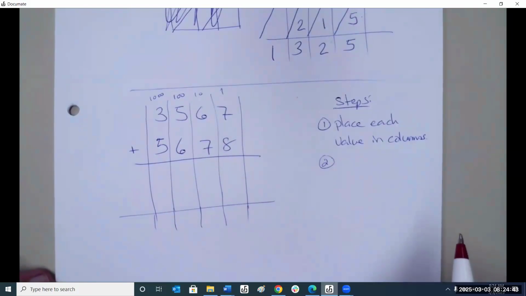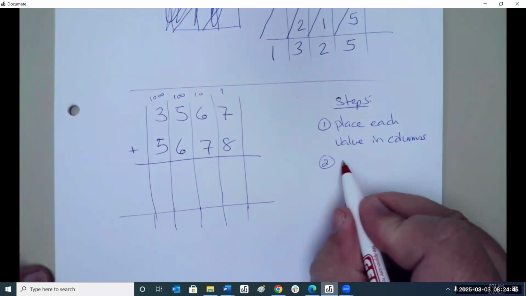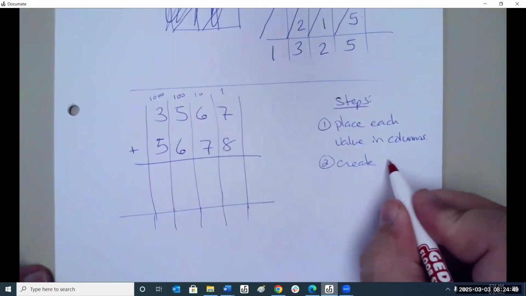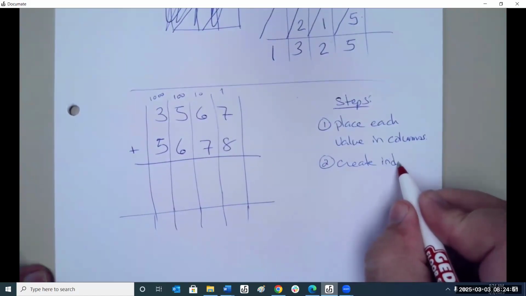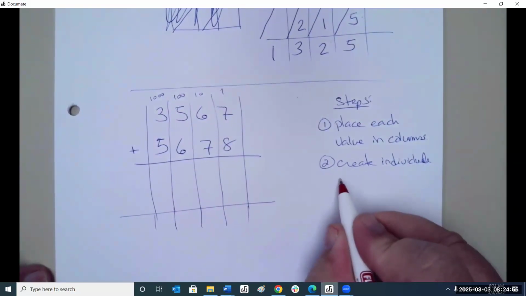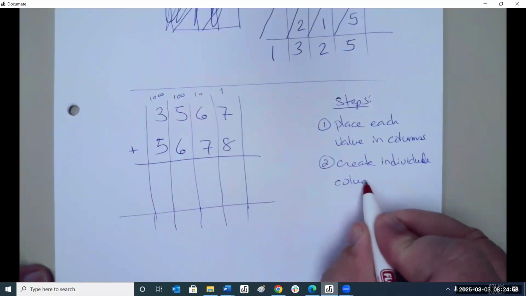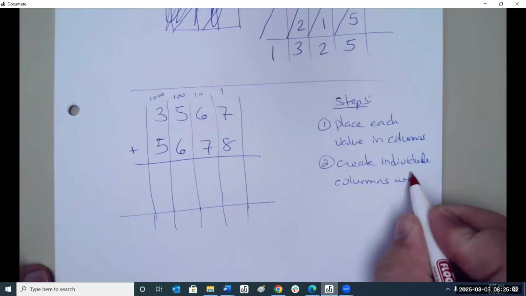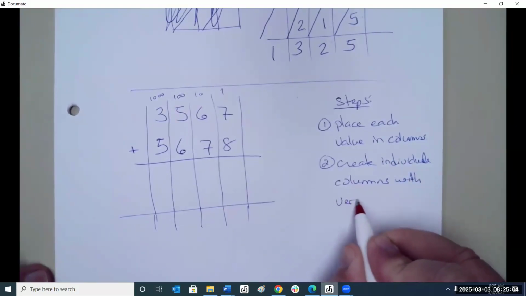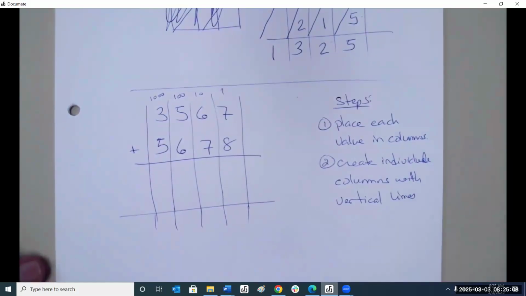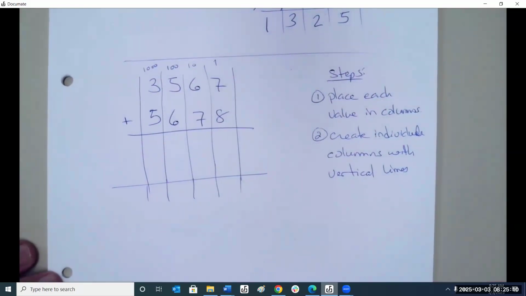Second, create individual columns with vertical lines. That's what we just did there.